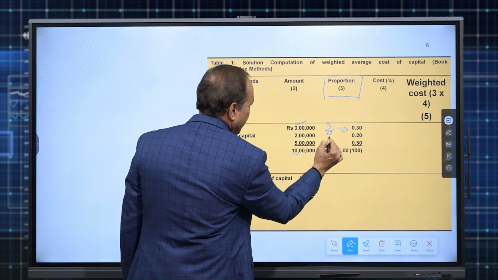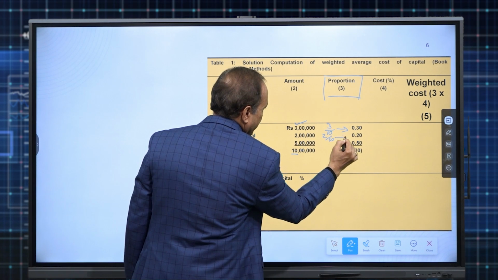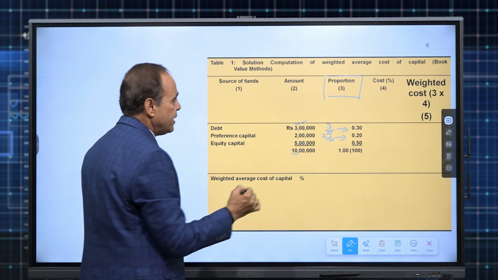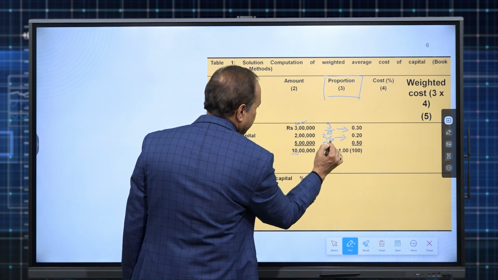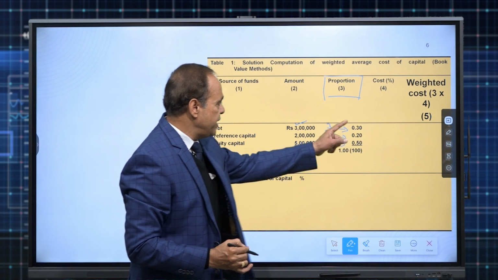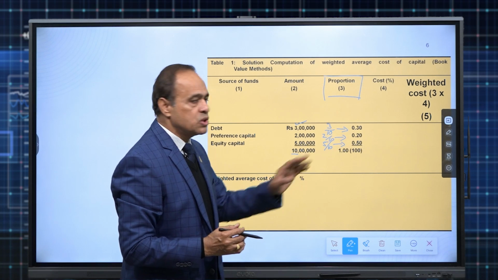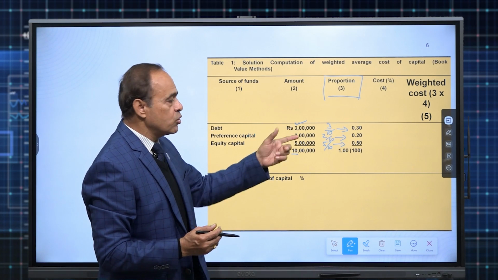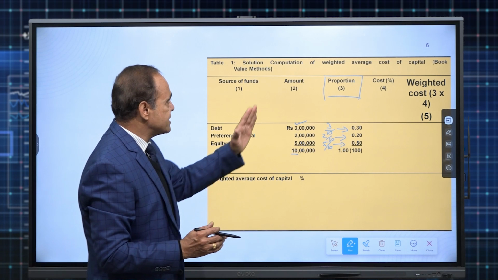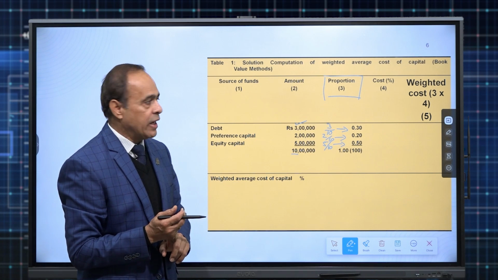Similarly, for preference, 2 lakh divided by 10. 10 is the total sum of the capital. And then equity is 5 lakh out of 10. So it becomes 0.5. And the sum of the weights should be 1. If due to approximation the sum does not come to 1, you can round off the figures. So first step is, while assigning the weights, calculate the proportion of each source of capital.